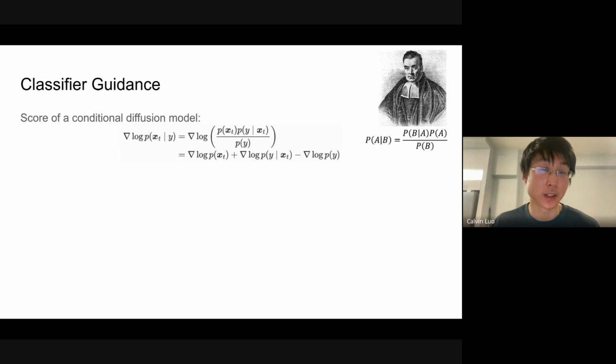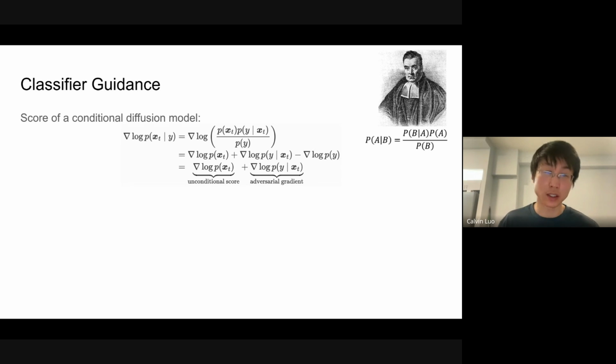And because the gradient, you recall, is computed with respect to xt, this last term, the gradient of log P of Y, goes to 0. And so it turns out that the conditional score will simply reduce to an unconditional score plus some adversarial gradient, the gradient of the log of P of Y given xt.